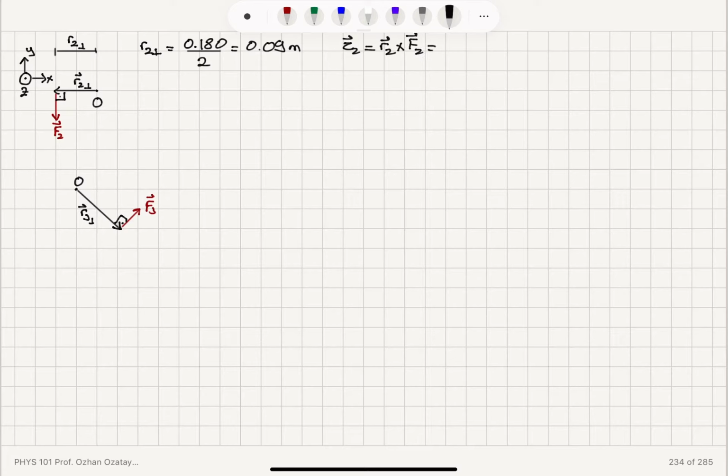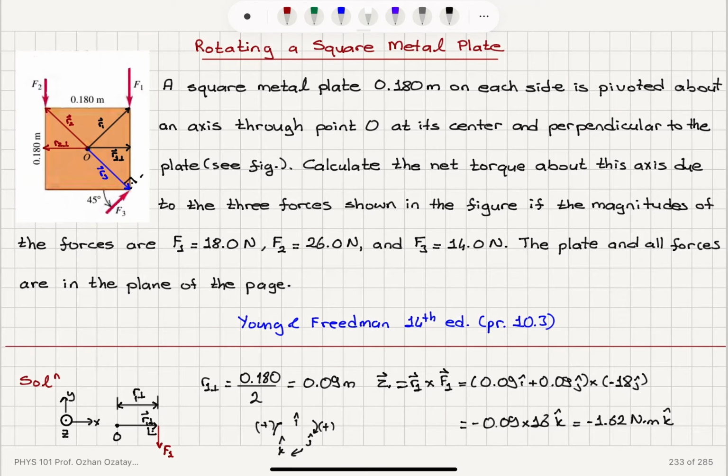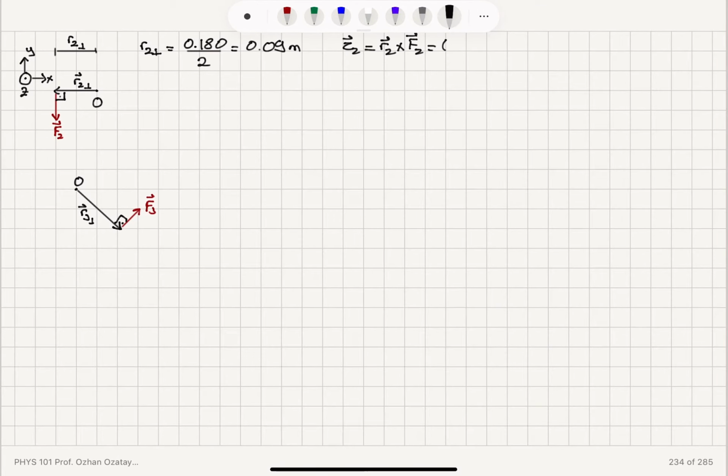And the torque due to this force is basically R2 cross F2. Now, what is the position vector of the application point here? You can see that it is in minus 0.09 i hat direction and plus 0.09 j hat direction. So it's minus 0.09 i hat plus 0.09 j hat cross with F2.